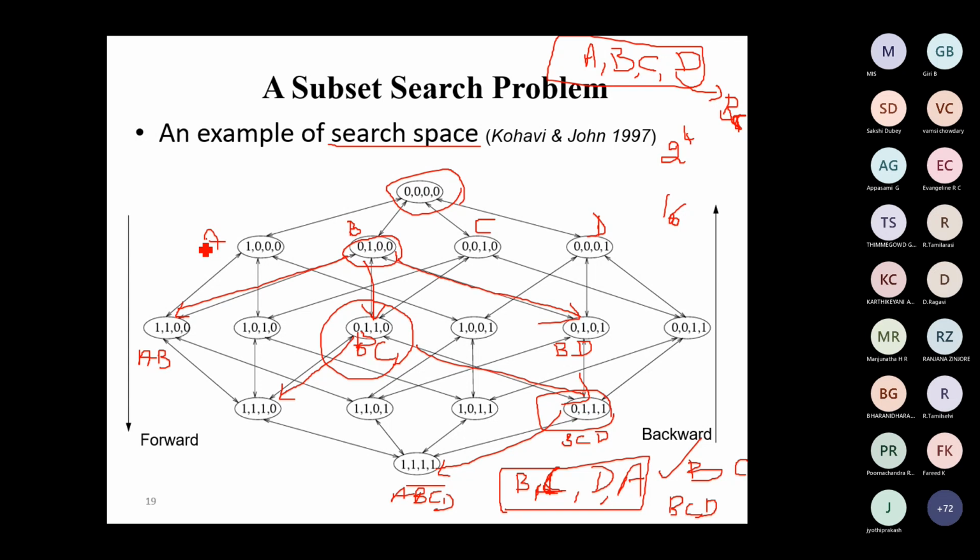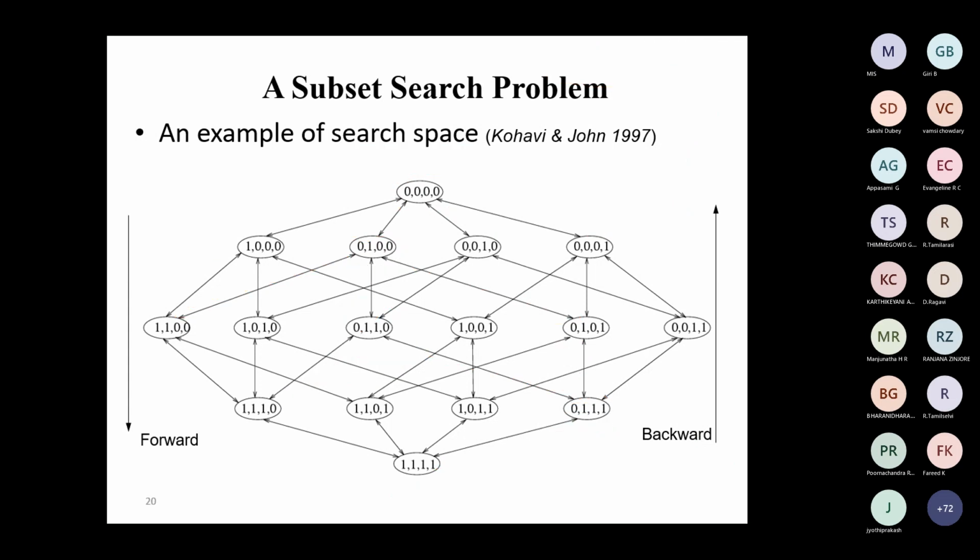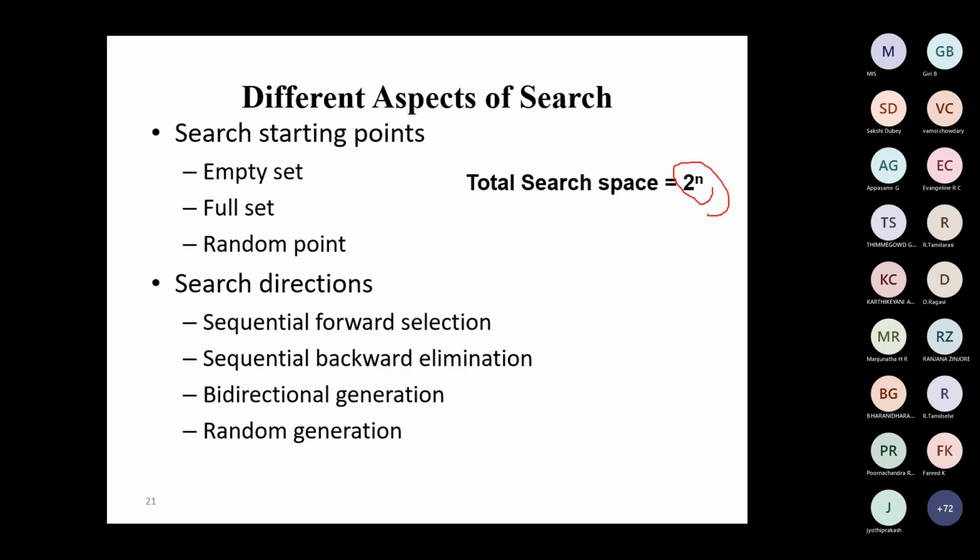This is the search space. If we have 100 features, 2 power 100 will generate a very huge search space, and we cannot search all the combinations. So for that we have various methodologies for feature selection. There are starting points: you can start with the empty set, or with the full set, or from a random point.